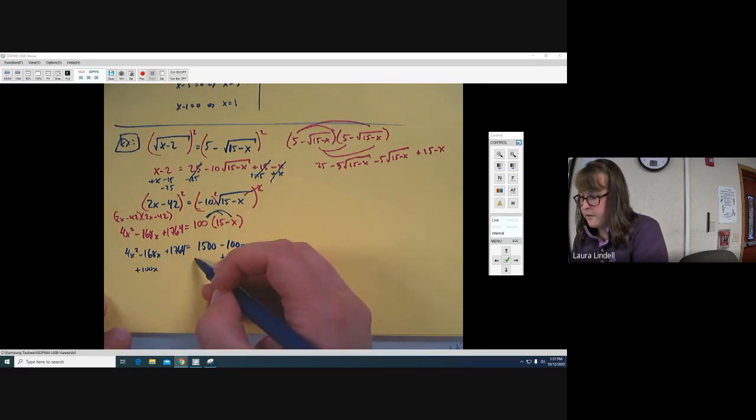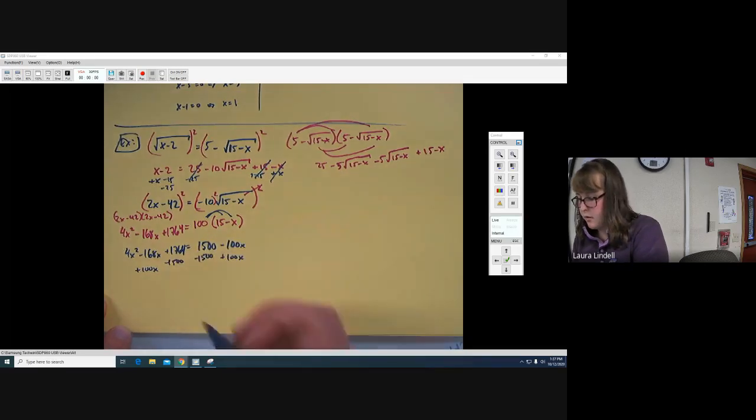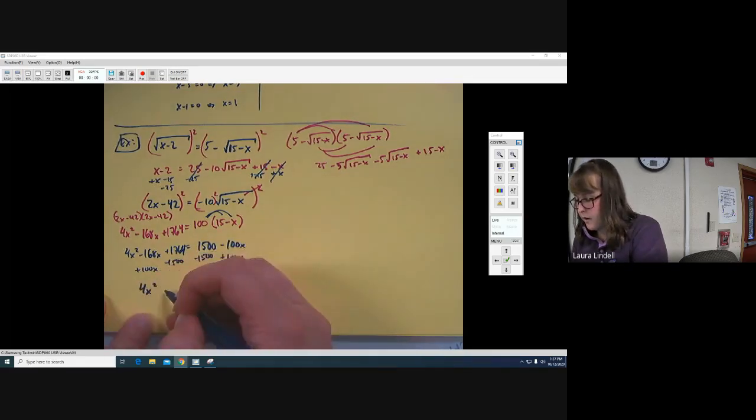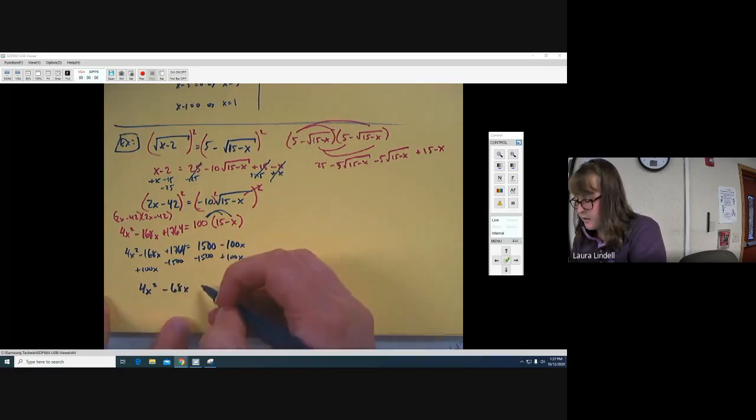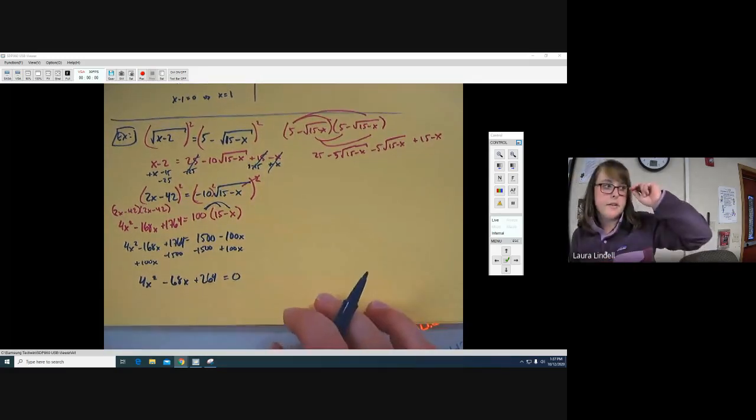And subtract 1,500 from both sides. So that we get 4x squared minus 68x plus 264 equals 0. Which is starting to look nicer, right?